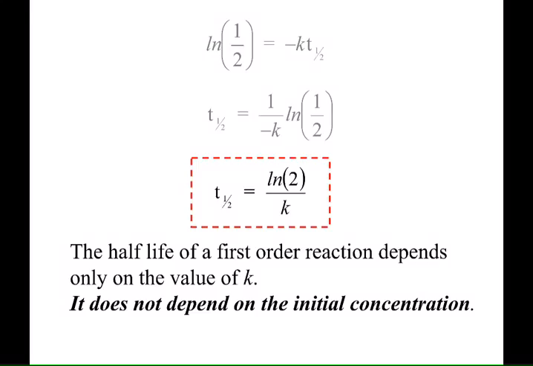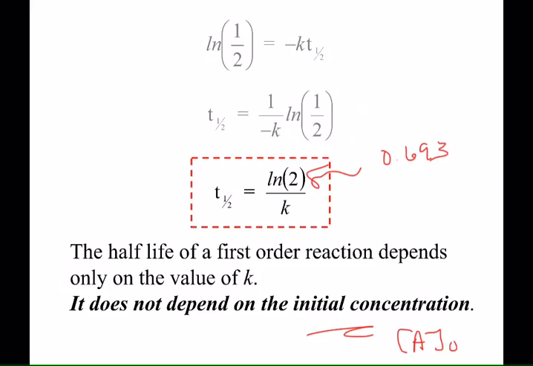So the natural log of 2 is a value of 0.693. I've seen it that way too before. So the point here is that your half-life does not depend upon your initial molar concentration of A, because that doesn't show up in our half-life equation. So that's a half-life equation for first order.